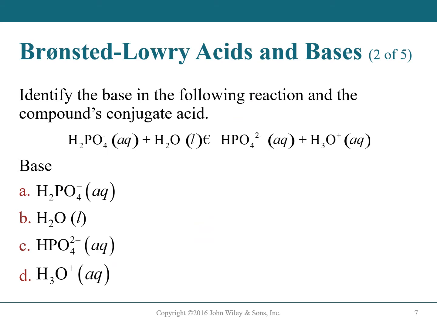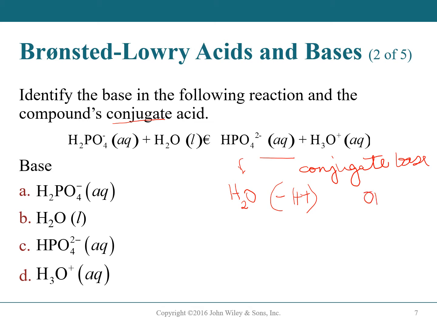When you look at a conjugate acid-base pair, you're looking for the conjugate acid on this side. But when I give you a substance, let's say water, and I want the conjugate base, that means this is acting as an acid. So for the conjugate base, you've lost an H+, which means my conjugate base would be OH-.